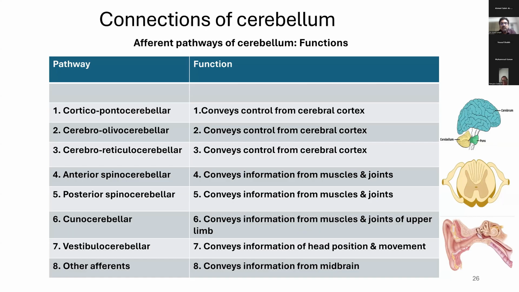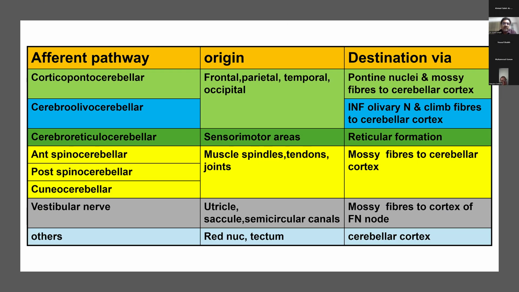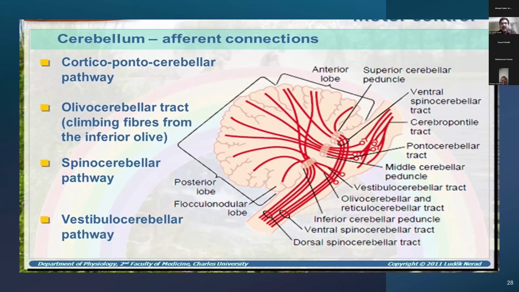So these two tables are very, very important about the afferent pathways, their functions, and their origin and destination. So we have to remember these two tables again and again. Again, in a nutshell, the cerebellar afferent connections: we have the corticopontocerebellar pathway, the olivocerebellar tract with climbing fibers from the inferior olive, the spinocerebellar pathway, which is bringing information from the spinal cord, and the vestibulocerebellar pathway.